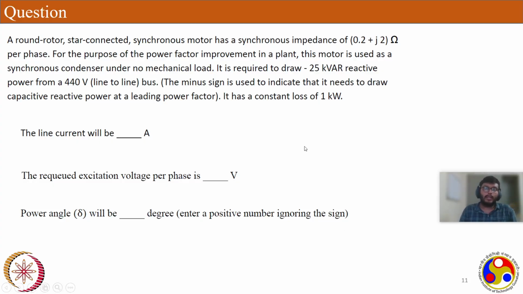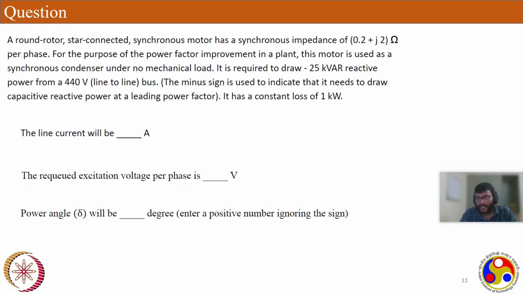Okay, so let's read the question along with me, and please take out your calculators as well and pen and paper too. So we were there with a round rotor star connected synchronous motor. It is having a synchronous impedance of 0.2 plus 2J ohms per phase. And for the purpose of power factor improvement in the plant, that's what we just discussed, we are using this motor as a synchronous condenser.